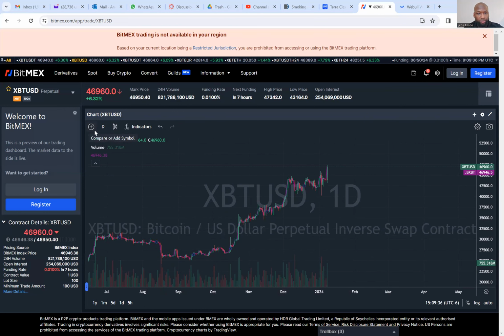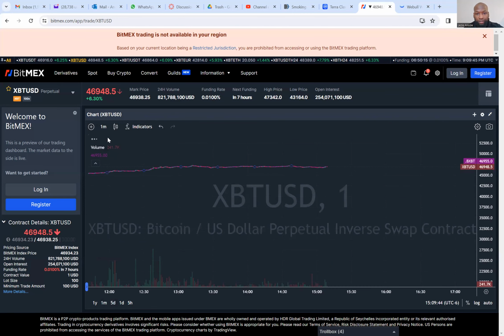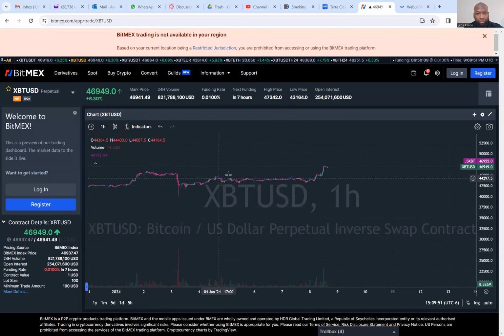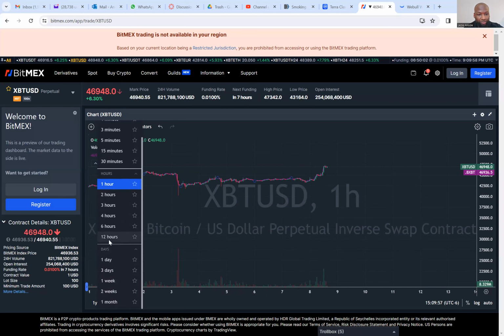Here, if you click on it, it tells you minute, 3 minutes, 5 minutes, 15 minutes. So you can click on here and it tells you what's going on in every minute. You can look at the chart per minute, or what's happening in an hour representation, and then whatever else is listed on here, right?